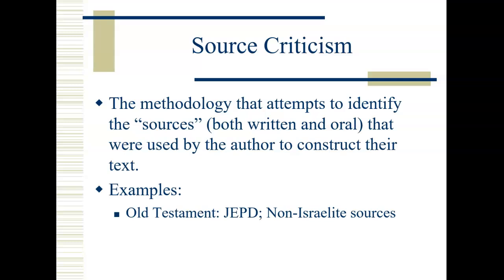The P stands for priestly material, a source that really focused in on the temple and cultic rites. And the D stands for Deuteronomistic. In other words, this is a source that really focuses in on the covenant and Israel's relationship to the covenant and obedience to the covenant.